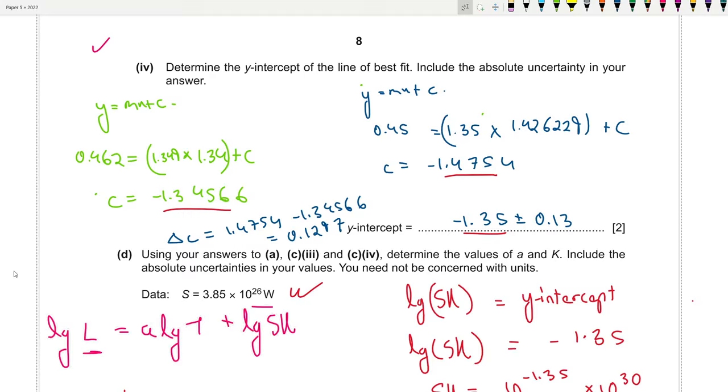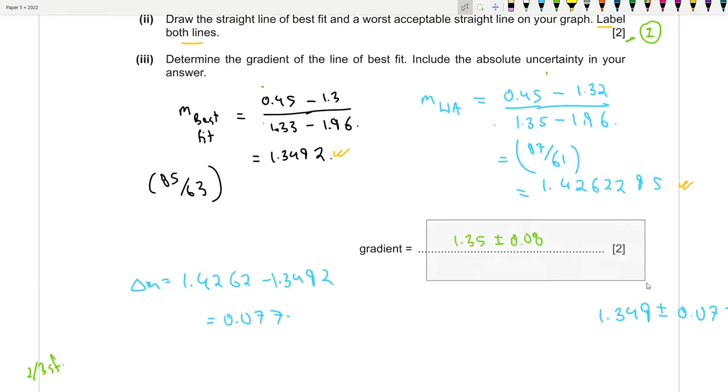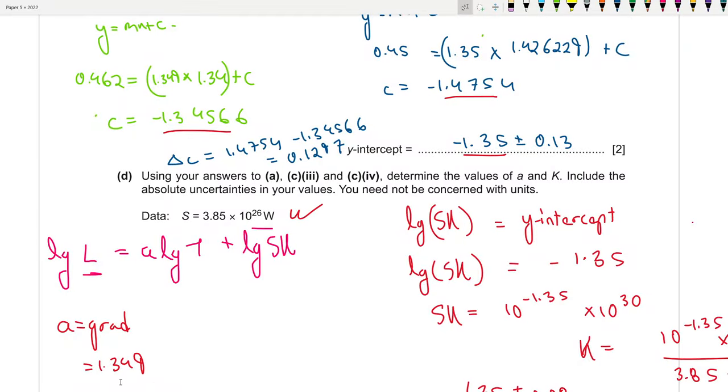where we write down the equation log L is equal to A log T plus log Sk. So A is the gradient, right? So that is actually equal to this value over here, 1.349, which is rounded off to 1.35 because they want a 2 to 3 SF answer. So that's that, 1.35. You do not need to be concerned with the units.